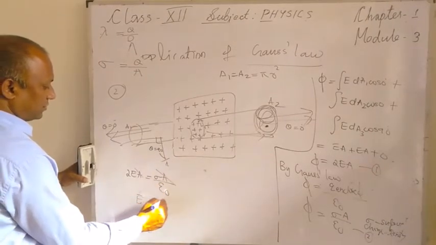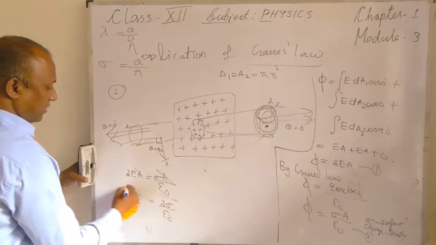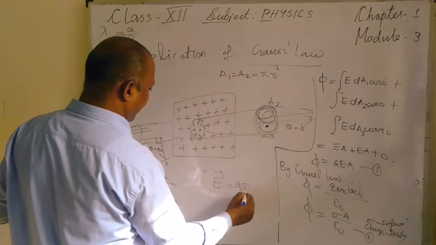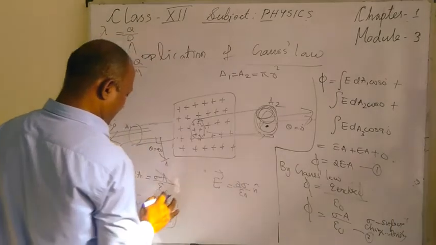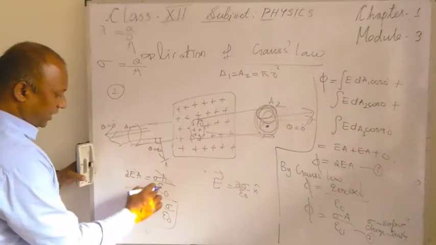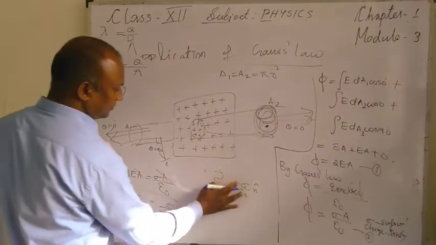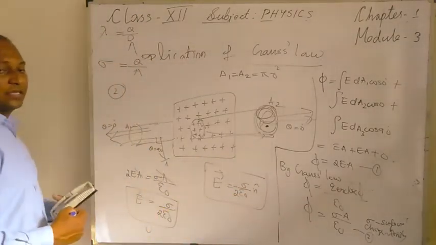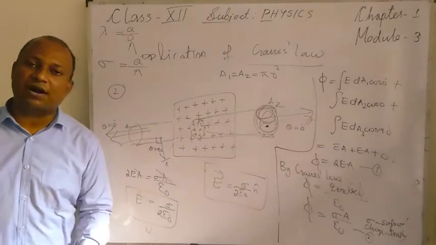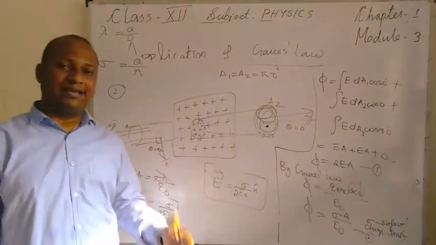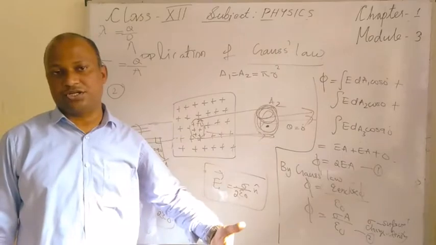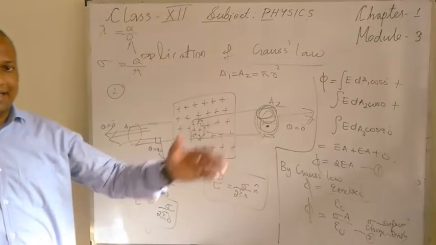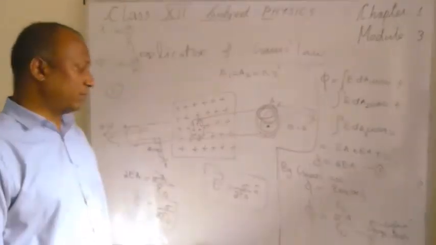E is equal to sigma upon 2 epsilon naught. So the electric field is sigma upon 2 epsilon naught, and again you can put n cap here. Half sigma upon epsilon naught is the electric field intensity due to an infinitely long plane sheet, at any point near it.